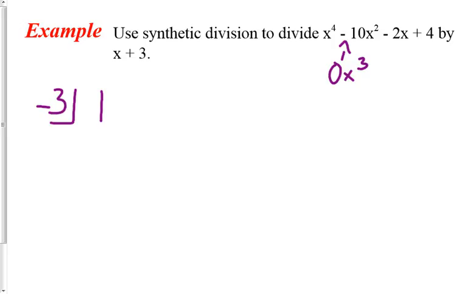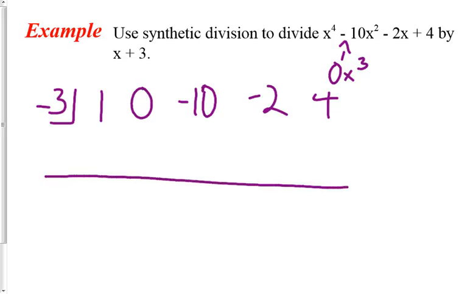So when we're writing the coefficients, we still need to write the coefficient to the x cubed term. My coefficient to the x squared term is negative 10. To the x term is simply negative 2. And to my constant is 4. Next thing I'm going to do here, draw the line and begin using synthetic division.